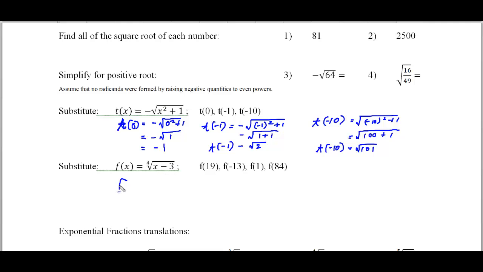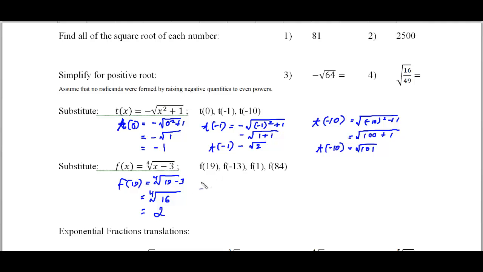So if I plug 19 into my fourth root of 19 minus 3, I get the fourth root of 16. And 2 times 2 times 2 times 2 is 2, 4, 8, 16. This simplifies down to 2. The fourth root is asking what number times itself 4 times makes 16. And that's 2, 2, 2, 2, or 2, 4, 8, 16.